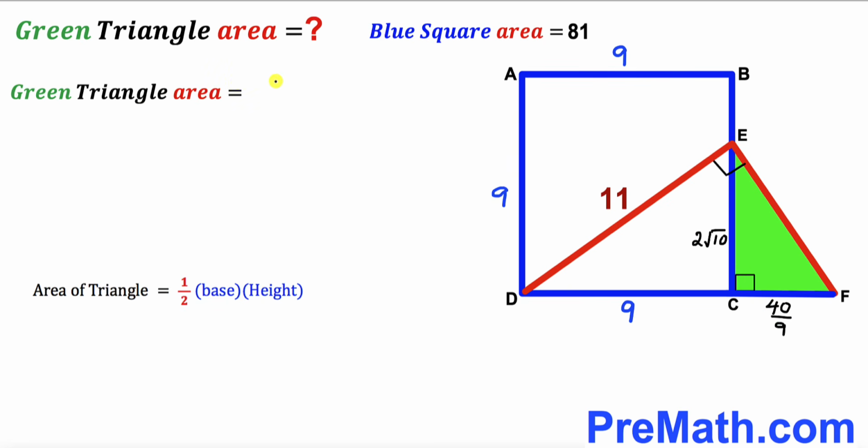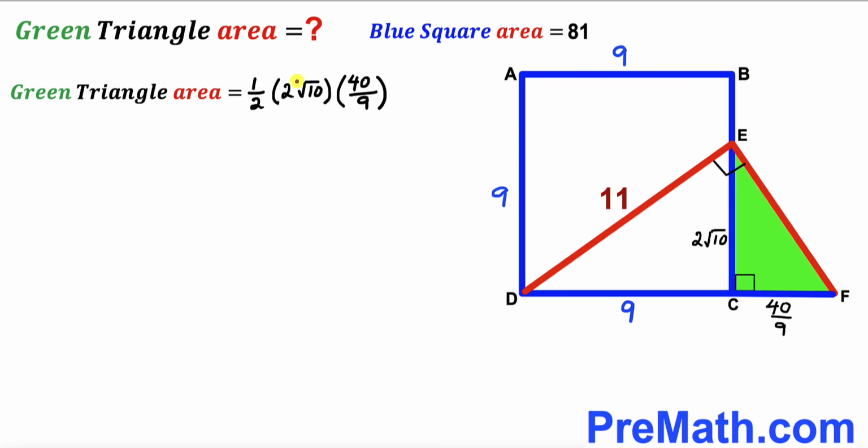So the area is going to be a half times 2 times the square root of 10, and then times 40 divided by 9. We can see the 2 and the 1 divided by 2 are gone. So the area of this green shaded triangle is simply 40 times the square root of 10 divided by 9 square units.